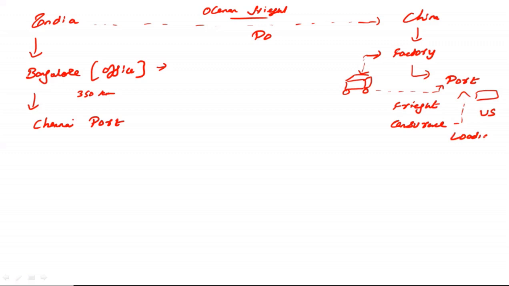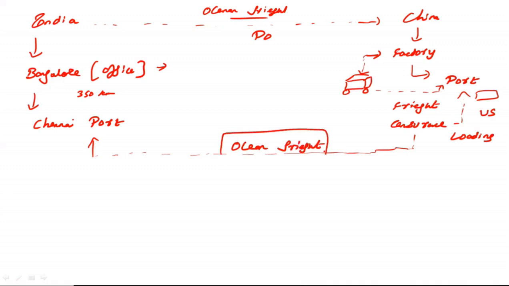So loading is coming into the picture. After the loading happens, the ship travels to the Chennai port. When the ship travels to the Chennai port, you need to pay the ocean freight. So here, if you observe, you have the freight from factory to port, you have insurance, you have loading charges, and you have the ocean freight.